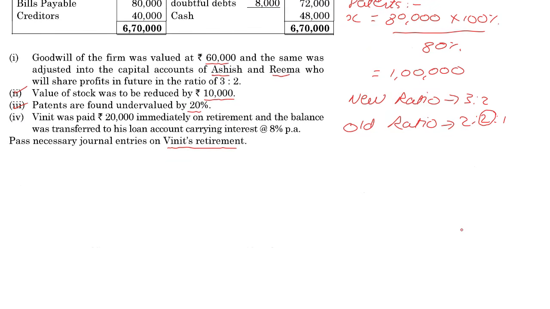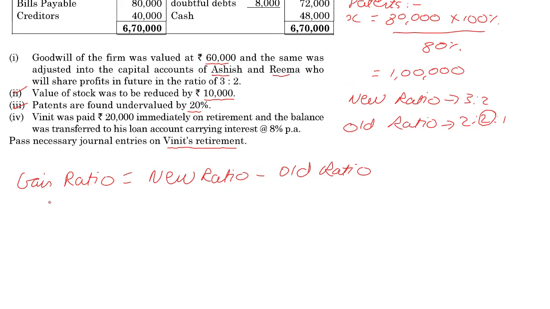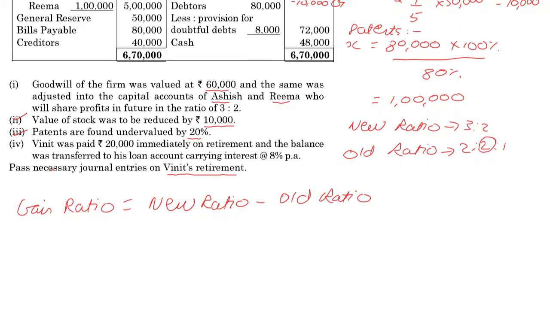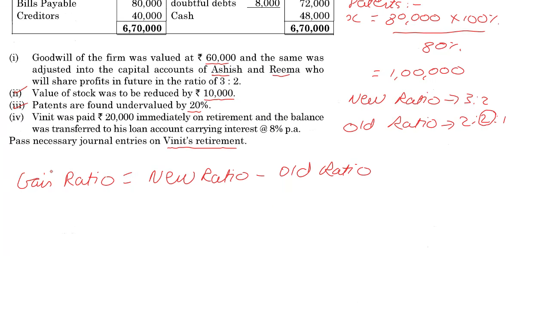So I want to calculate the gain ratio, because when one partner leaves, the remaining partners get more share. So gain ratio is equal to new ratio minus old ratio. I have two partners left, Ashish and Reema. In the case of Ashish's gain, it is going to be the new ratio, which is 3/5 minus 2/5.